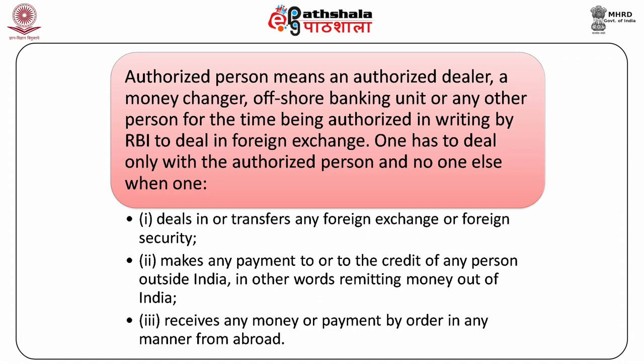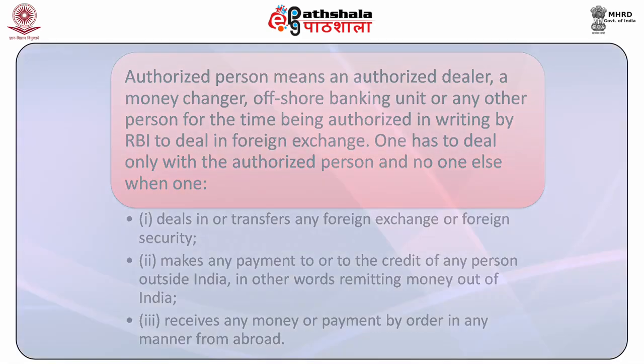One has to deal only with the authorized person and no one else when one, first, deals in or transfers any foreign exchange or foreign security. Second, makes any payment to or to the credit of any person outside India, in other words, remitting money out of India. Third, receives any money or payment by order in any manner from abroad.